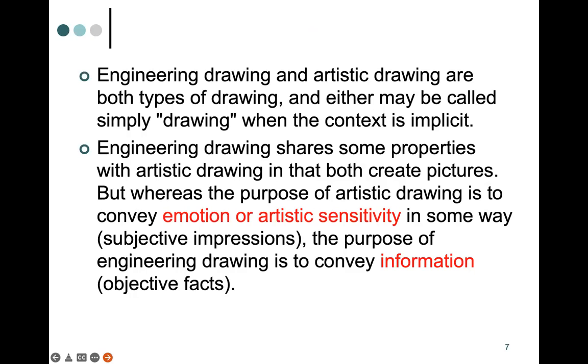But artistic drawing usually conveys emotion or artistic sensitivity, like how to draw a beautiful house or beautiful animals, for example. But an engineering drawing conveys information and objective facts.